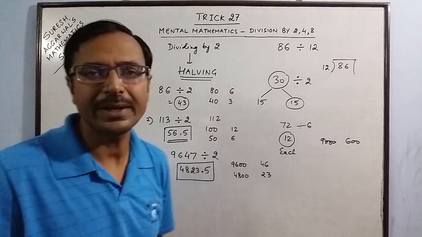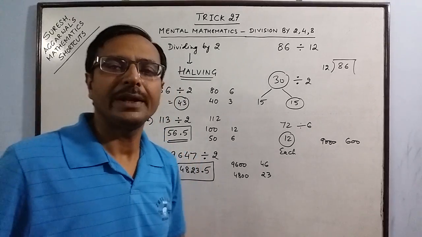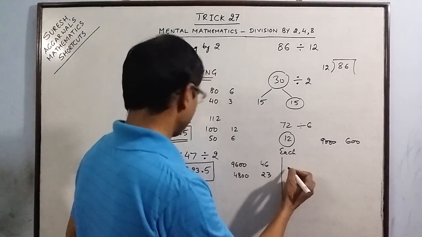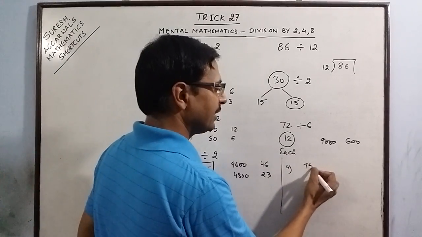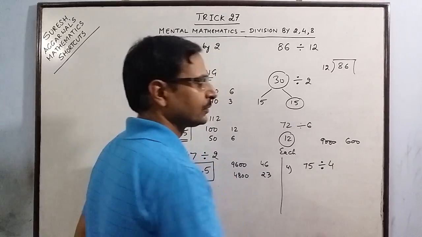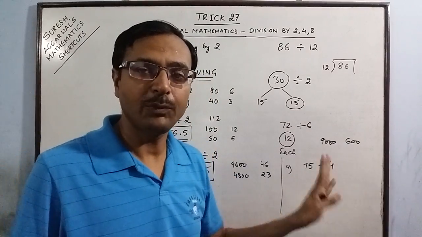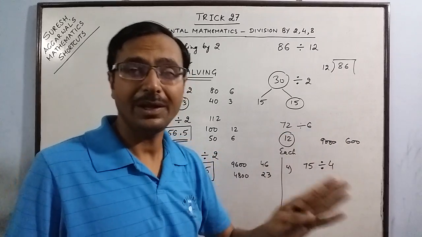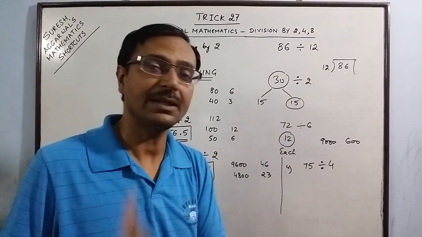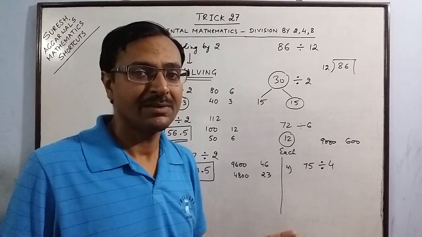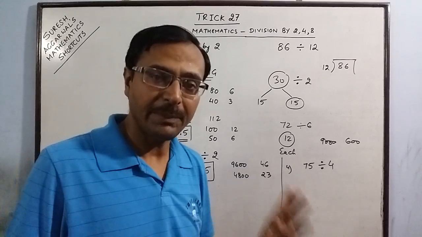I'll just illustrate one example so that you can carry on with that practice part yourself. Now suppose I have division by 4. Any child who is dividing 75 by 4 using the long division method at class 7th, 8th, 9th, 10th level is at fault. He must know the mental maths tricks to divide this mentally.